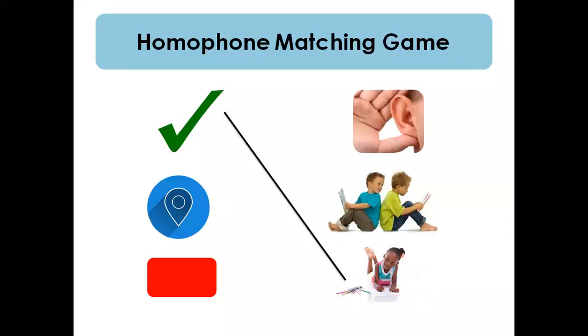Correct. The second one, the blue circle, that is representing the word here. Which homophone image would we use on the right? Top one. Correct. And then lastly, we have the color red, R-E-D, and we would identify it with the children reading, R-E-A-D.